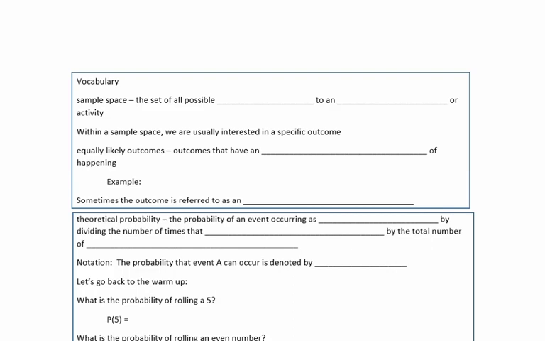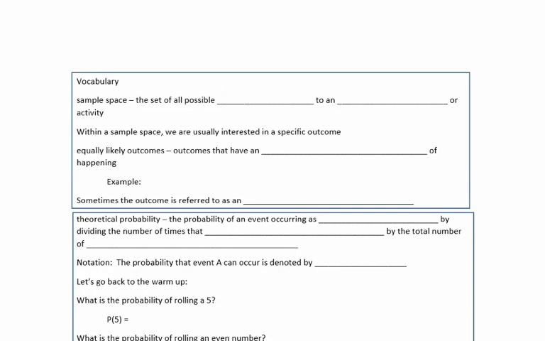The first vocabulary word that we have is sample space. When you're reading word problems, you might hear the vocabulary sample space, or you might be asked to identify the sample space, so obviously you need to know what that means. The sample space in a probability problem is the set of all possible outcomes.